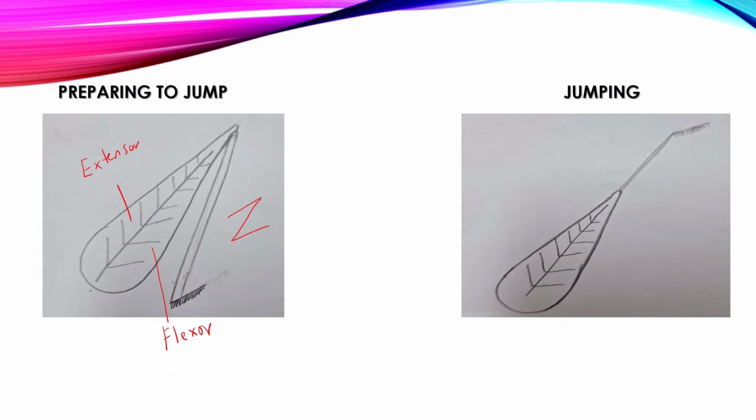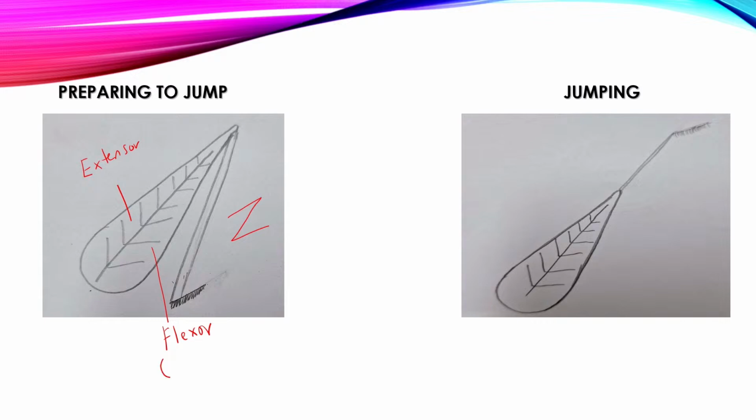So we know that flexor, extensor, are the same as our arm, biceps and triceps. Okay, so please remember what we already learned when you bend your arm. What happened to our biceps? When you bend your arm, your biceps will contract.